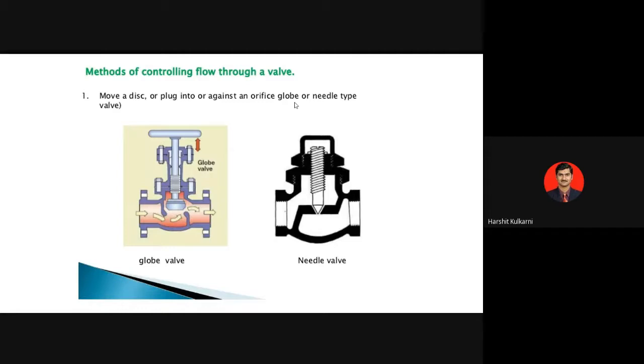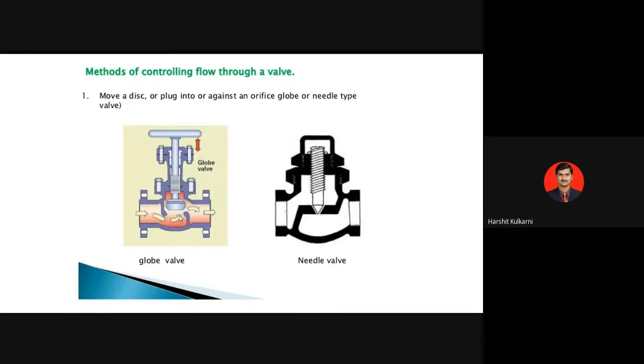As seen from this diagram, you have a disc or a plug that can be pressed against an orifice, the globe, or the second one is the needle type valve. The one which has a disc or a plug, this disc will be made to close this opening. For this opening to be closed, you need to make this disc completely seated onto this area here.